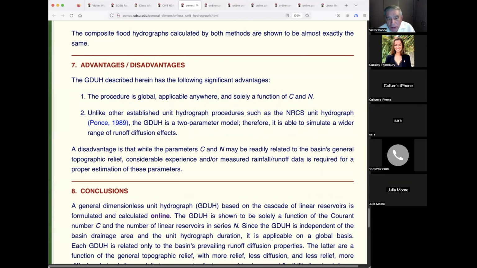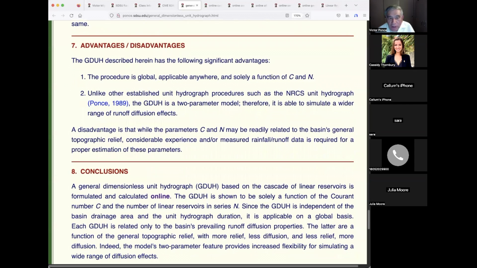The GDUH is a 2-parameter model. So it has versatility to calculate convection and diffusion. Actually, it does not calculate convection, but it calculates so much diffusion that it actually appears as if it did convection, even though it never did it. Therefore, it is able to simulate a wider range of runoff diffusion effects.